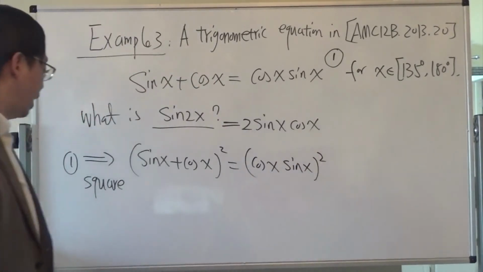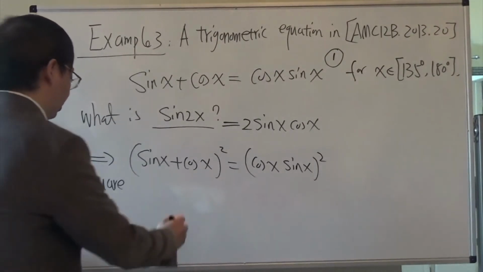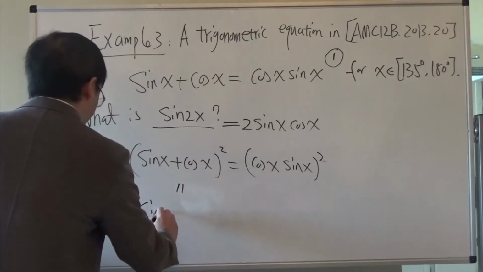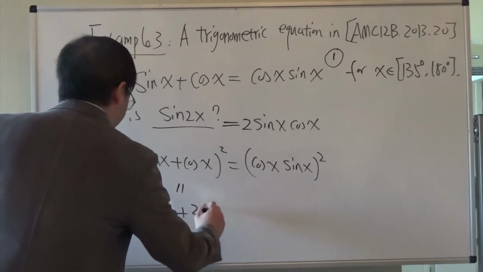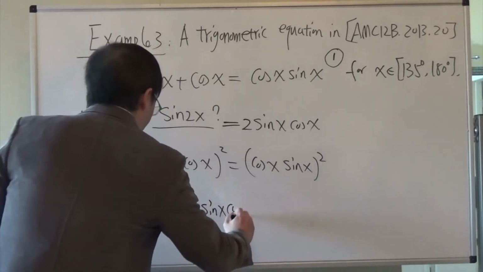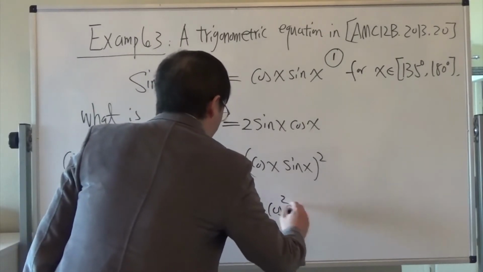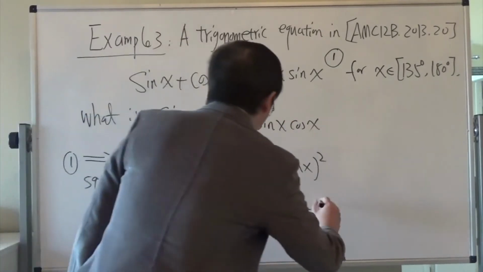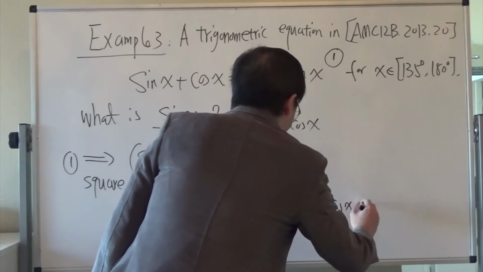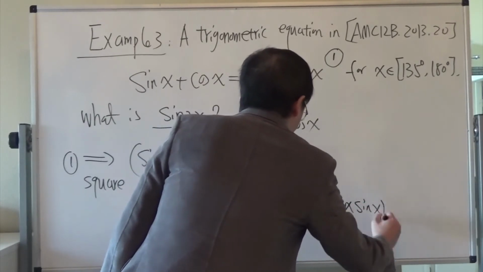Now, (sine x plus cosine x) squared, we just write out. This is sine x squared plus twice sine x cosine x, and then plus cosine x squared equals on the right hand side, cosine x sine x, again, just leave it here, squared.